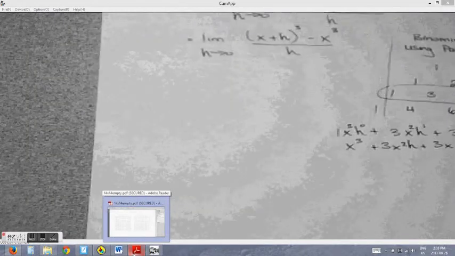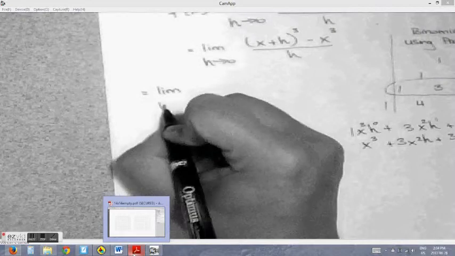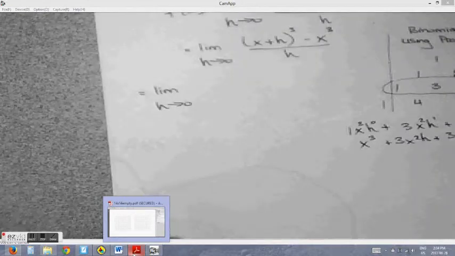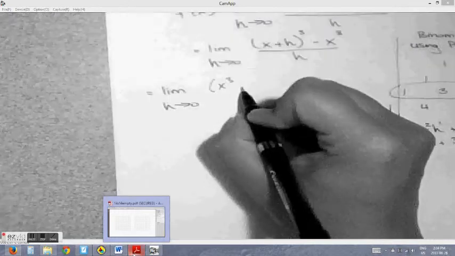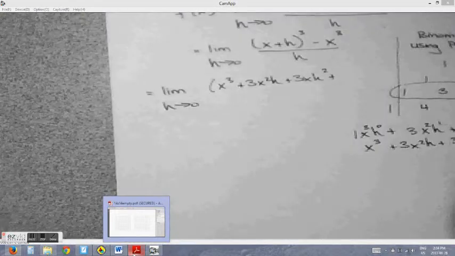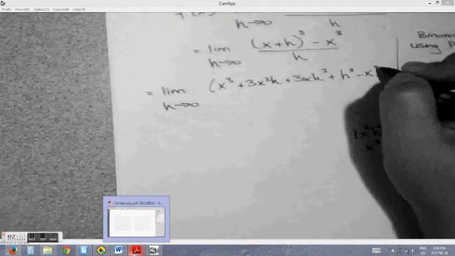Now we're simply going to go back to the question we've been working on. Again, remember to write down the limit as h approaches 0. We don't want to drop that until we finally evaluate the limit. I'm just going to replace x plus h cubed with my expanded binomial, plus h cubed, minus x cubed.